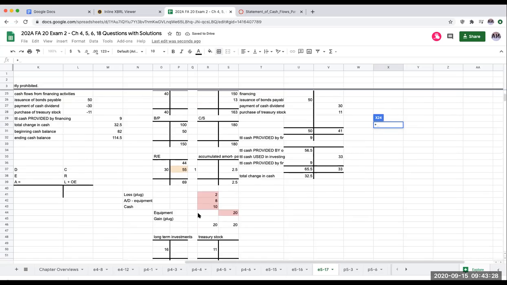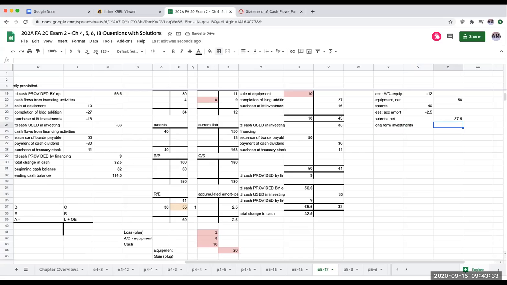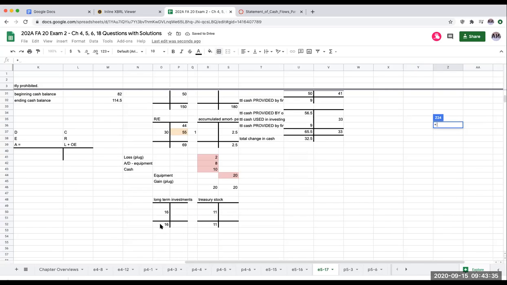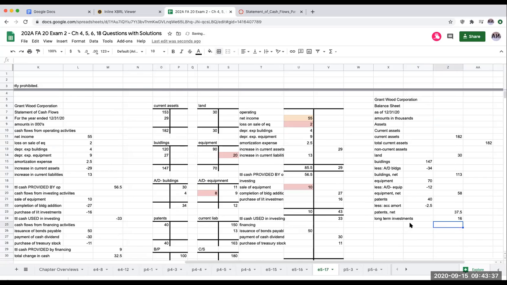Then I have long-term investments of 16,000. So my total non-current assets are going to be 254.5, my total assets are going to be.